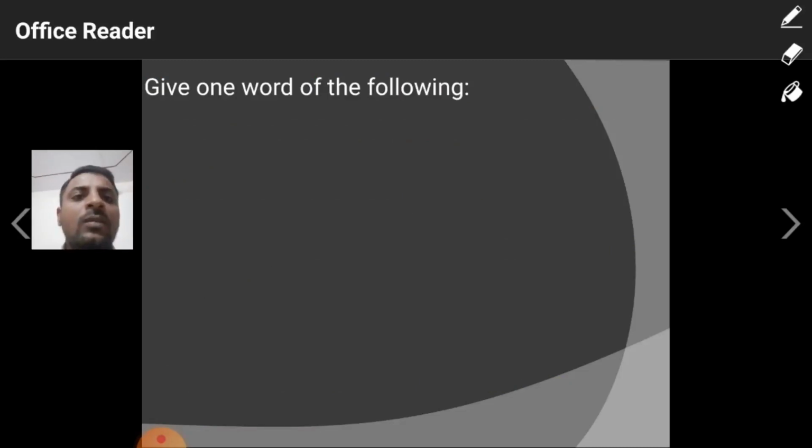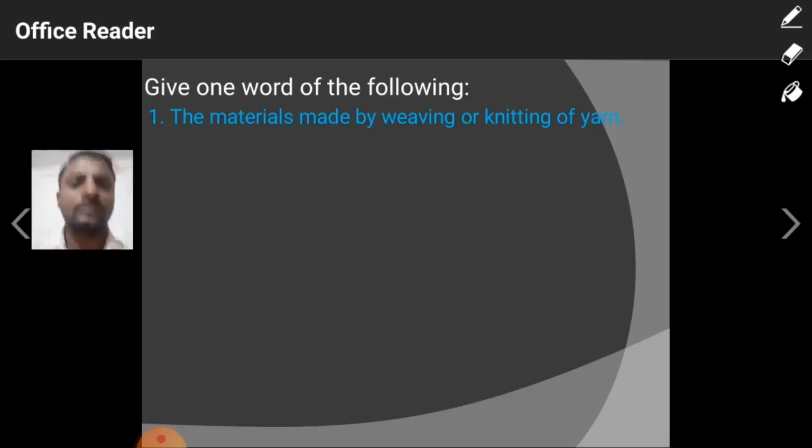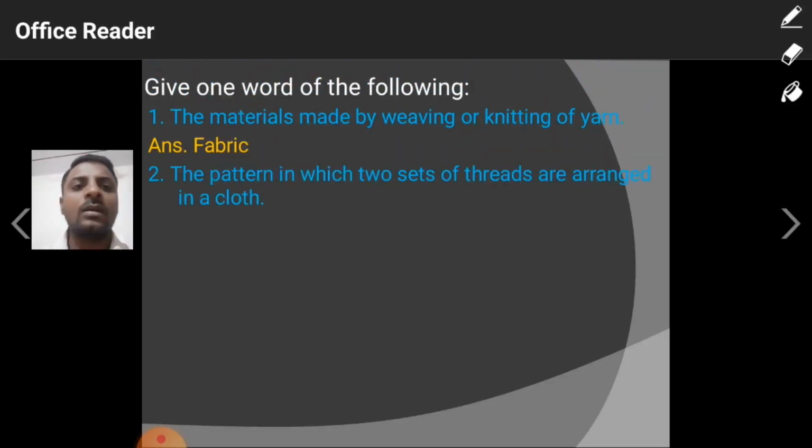Next question is, give one word for the following. The materials made by weaving or knitting of yarn. The correct answer is fabric. Next is, the pattern in which two sets of threads are arranged in a cloth. The answer is weave.